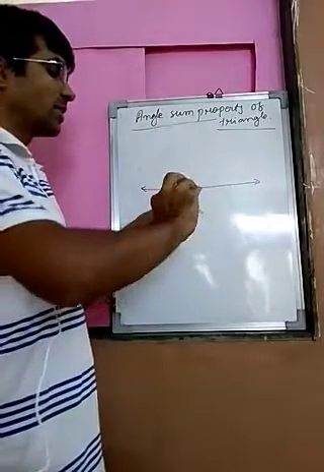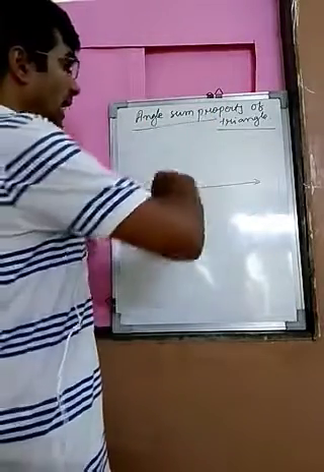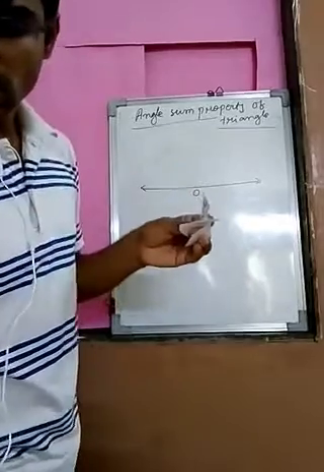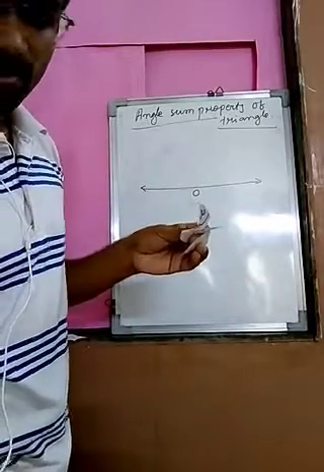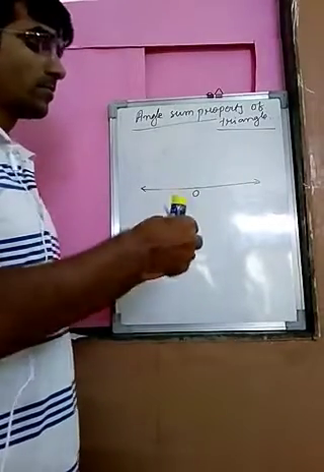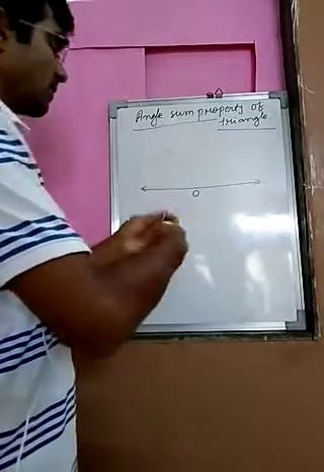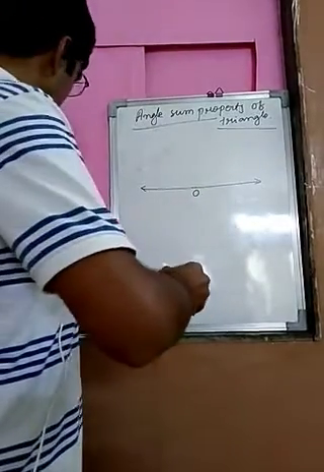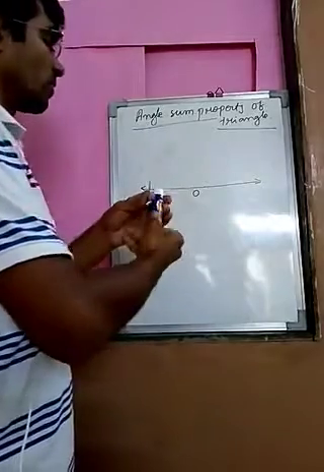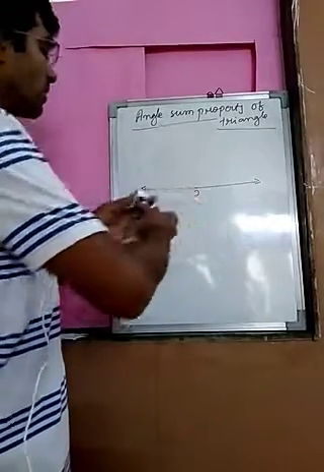Now I will show you what is the relation between these three angles and this straight angle. With the help of glue I can stick them at the point O, because we know at the point this angle is what? Straight angle.